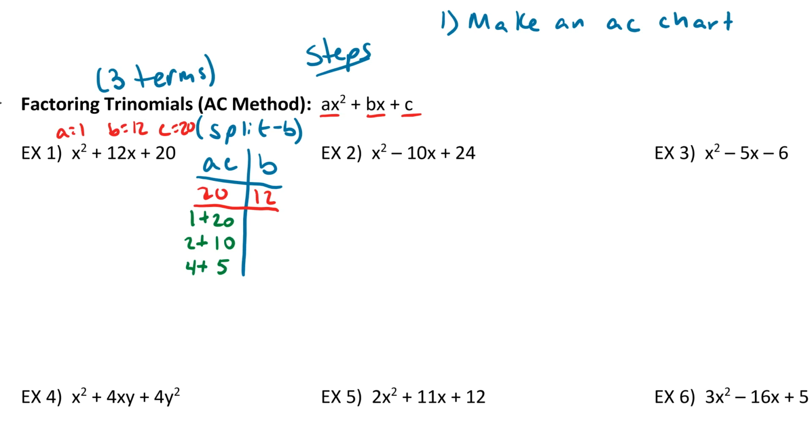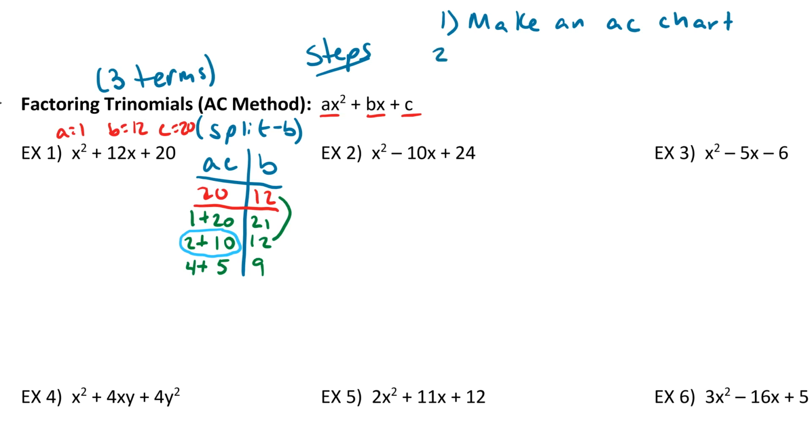So 1 plus 20 would be 21, 2 plus 10 would be 12, 4 plus 5 would be 9. Now what we're looking for is the one that matches our B. So our B was 12, so the 12 is the one that we're looking for. And in particular, we care about this 2 and 10. So those factors are what we're actually looking for and why we made the chart.